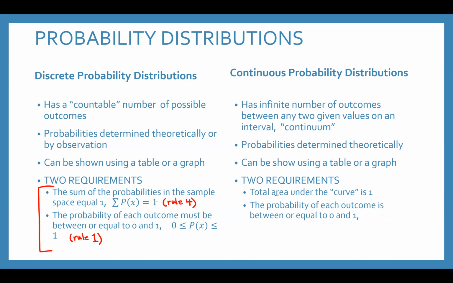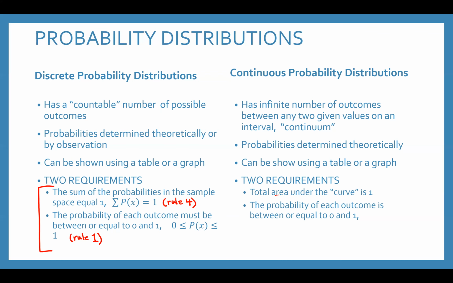Then we refer to the area under the curve as 1, and I'm going to show you probably on Wednesday that relationship between probability and the area. There is a direct relationship there. And we'll talk about it when we begin to talk about continuous probability distributions.